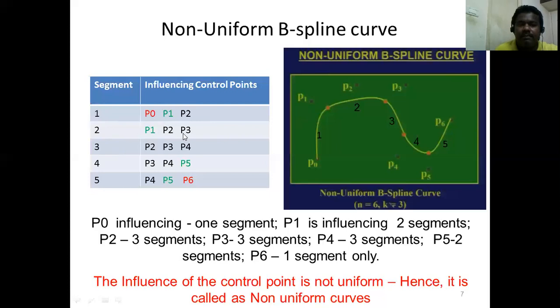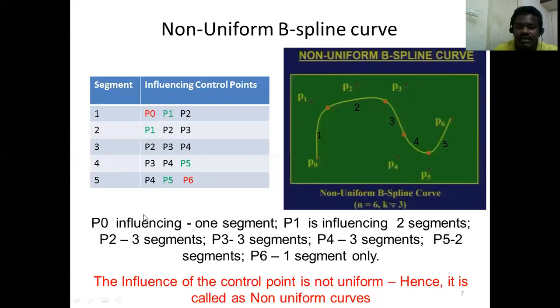Point P3 influences three segments, 2, 3, 4. Point P4 influences three segments, 3, 4, 5. And P5 influences segments 4 and 5. P6 influences only one segment, that is segment 5.